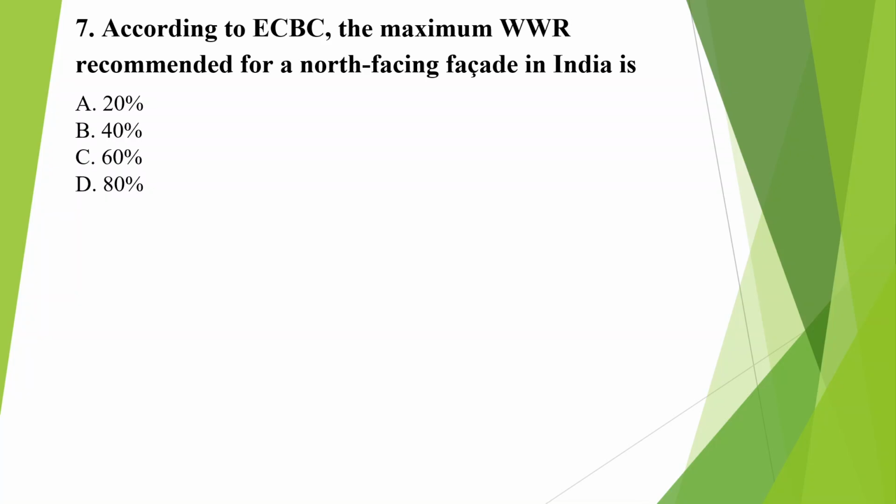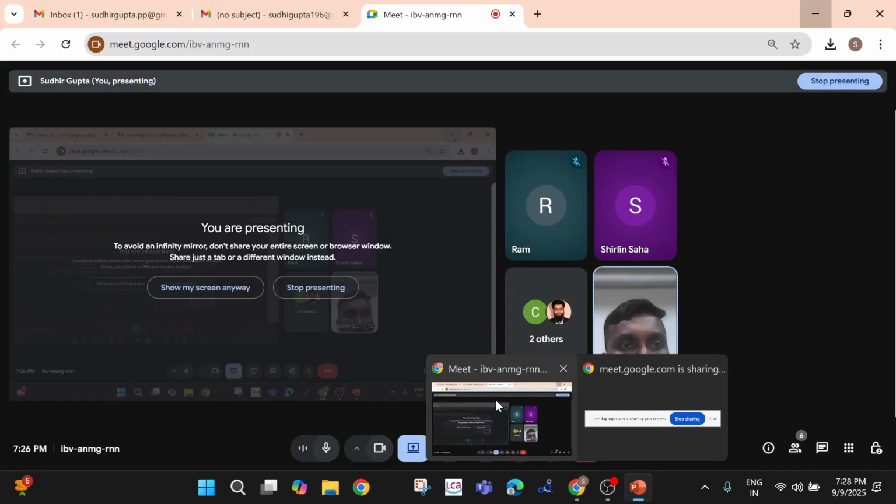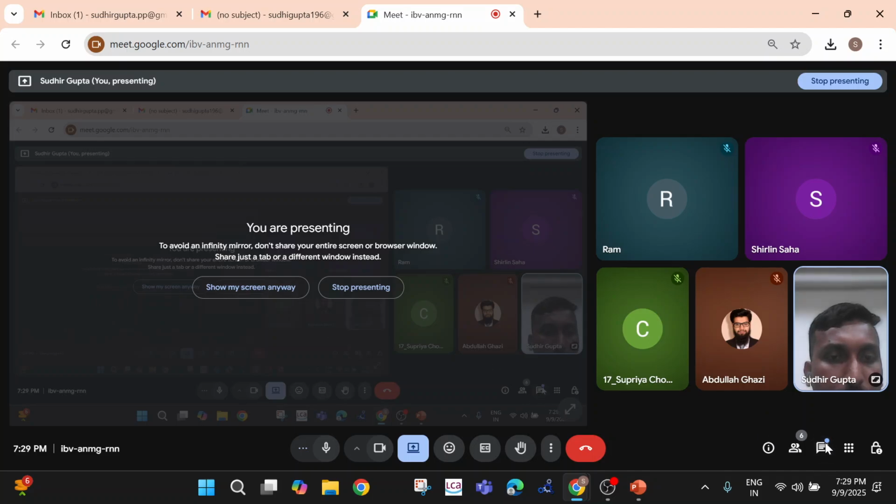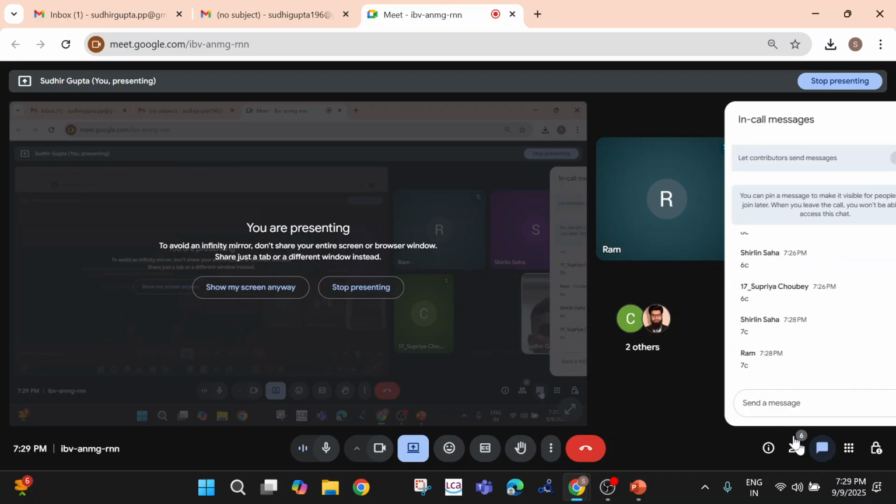Based on the solar radiation occurring in India, for this kind of climatic region, what is the recommended north facing facade window to wall ratio? How many of you are able to answer?